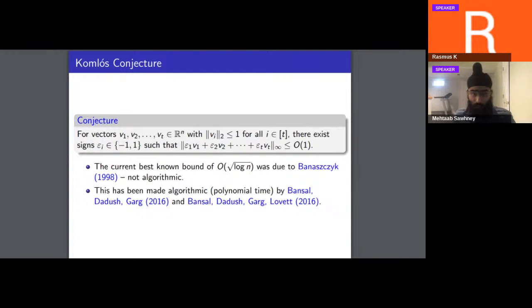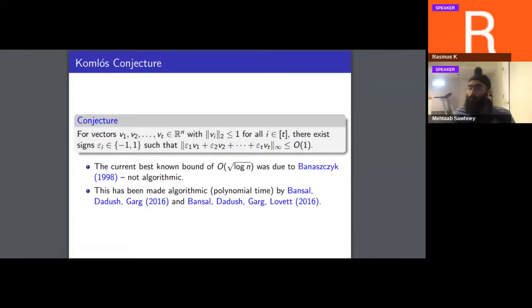And Banaszczyk's original proof is also not algorithmic, similar to Spencer. However, it has been made algorithmic in two works of Bansal, Dadush, and Garg, and then Bansal, Dadush, Garg, and Lovett.